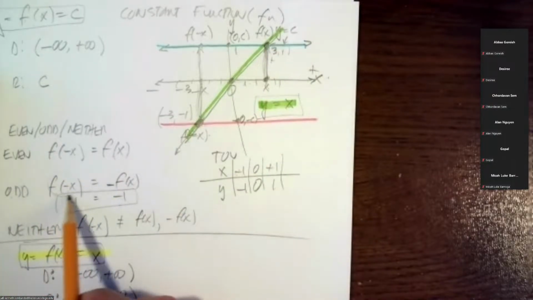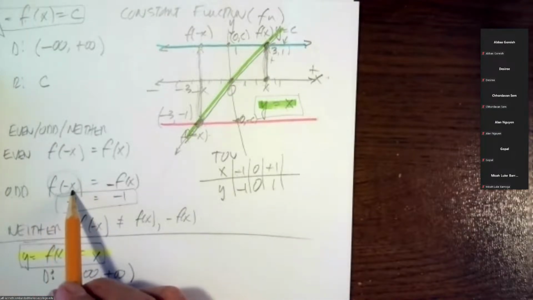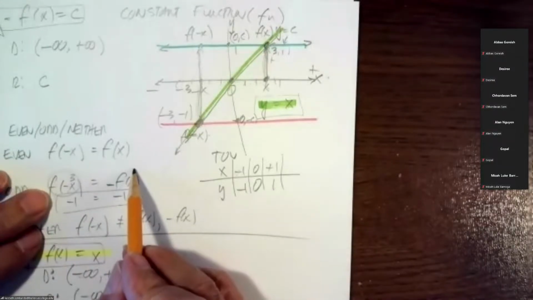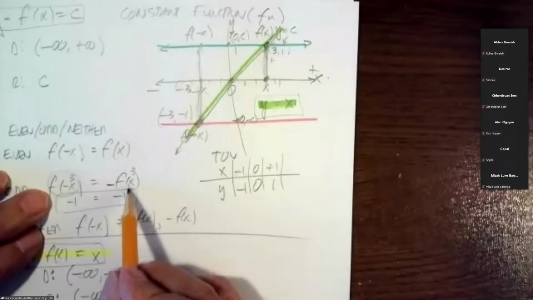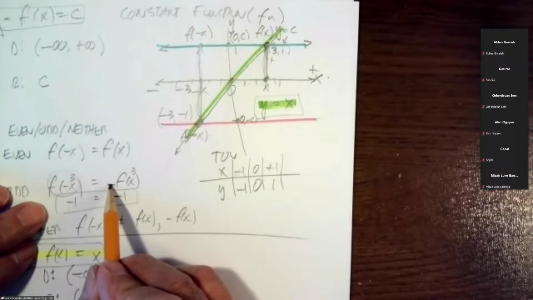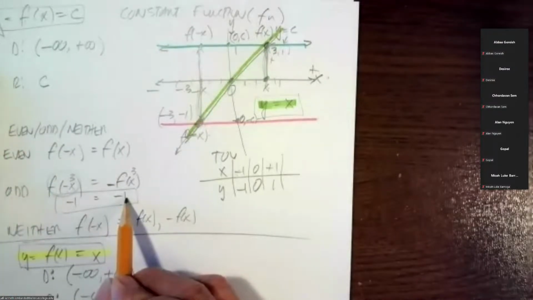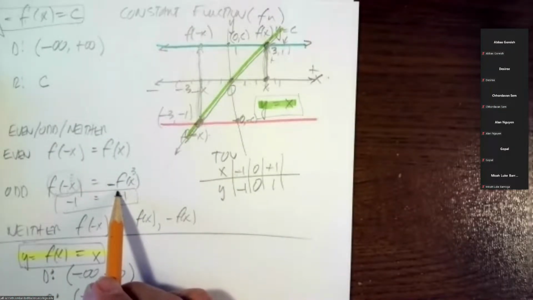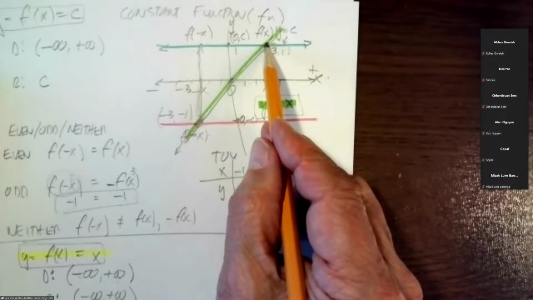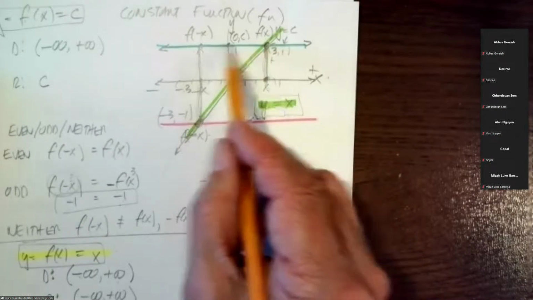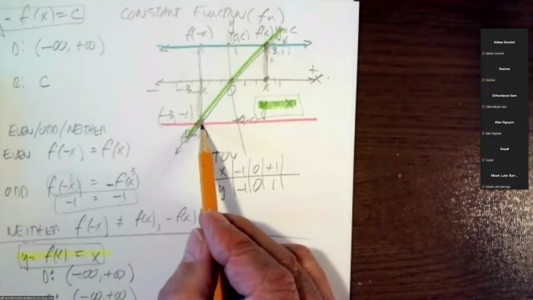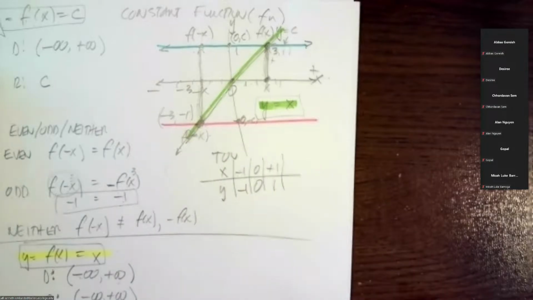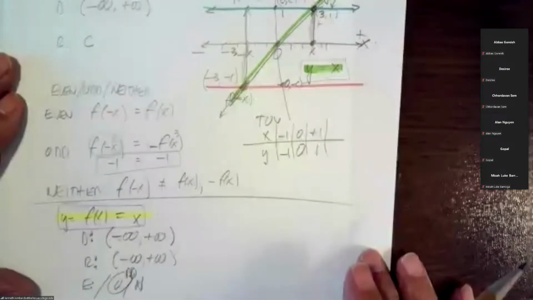If we take the negative of f at positive 3, we get negative 1. So f evaluated at negative 3 is the same as the negative of f evaluated at 3. Here's f evaluated at 1, here's f evaluated at negative 1. They're opposite. We call that odd. Okay, questions?